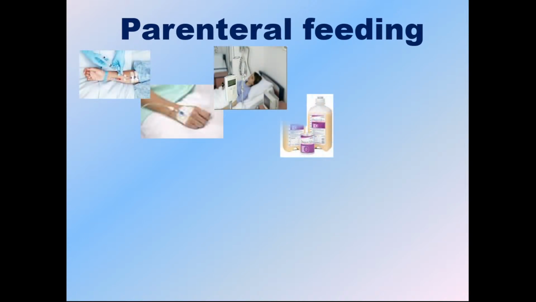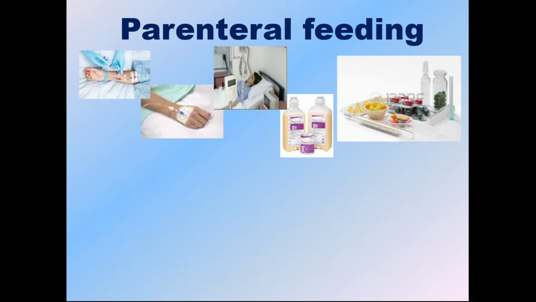Parenteral feeding is needed for a patient for whom enteral feeding is contraindicated or who is unable to take food the usual way. All nutrition elements will be introduced directly into the circulatory system. You'll understand there are different solutions of minerals, vitamins, fat, protein, carbohydrate solution.